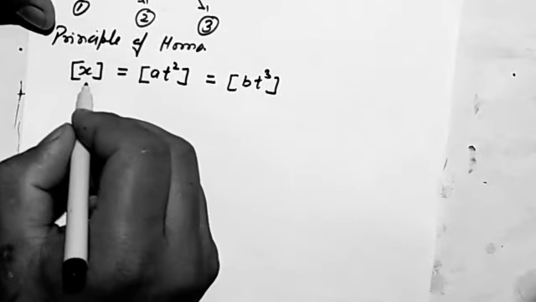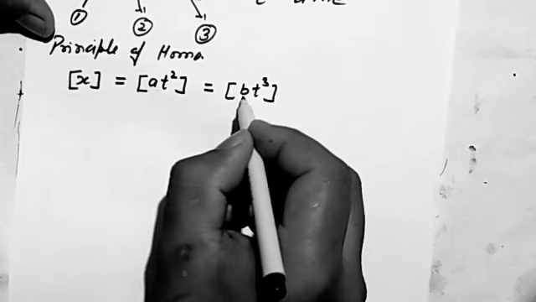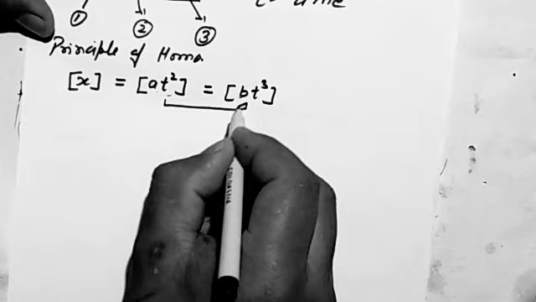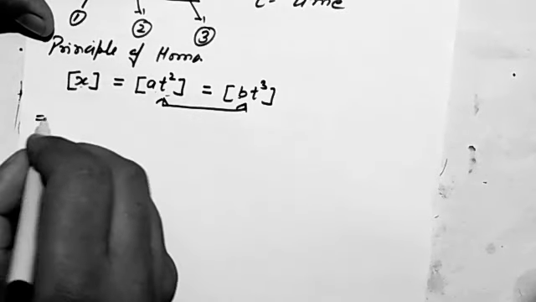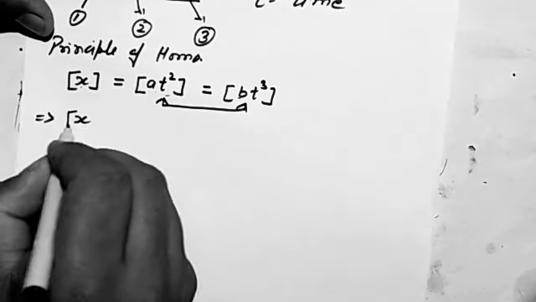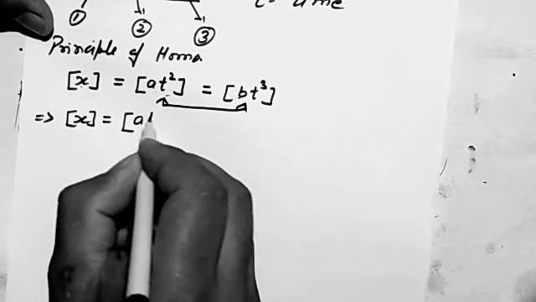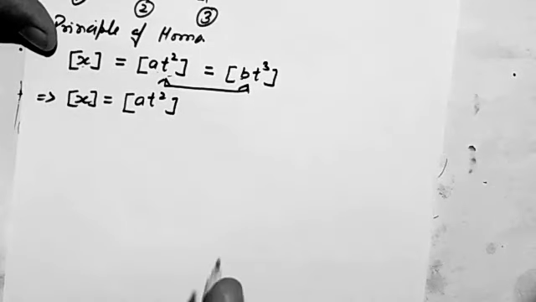So we know the dimensions of x completely. Here A is unknown and B is unknown. So comparing these two equations will not solve our question, right? So we shall compare first of all these two. How? You can say this implies dimensions of x should be equal to dimensions of At square, right, my dear students?